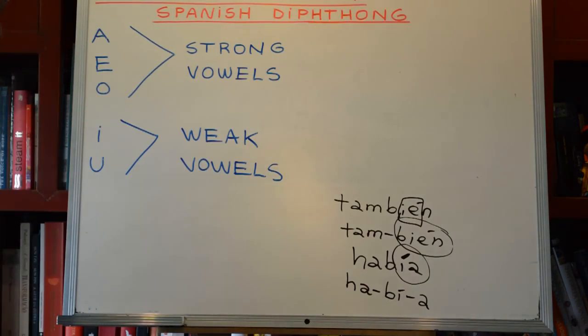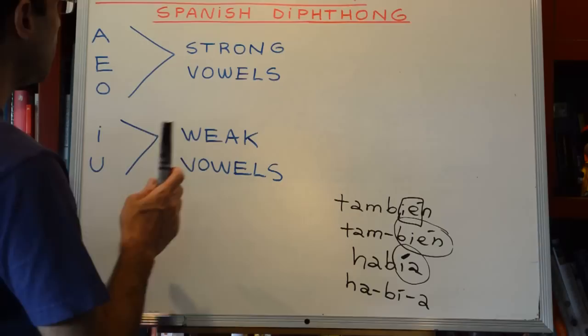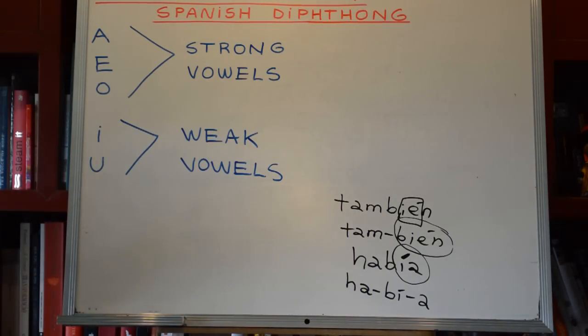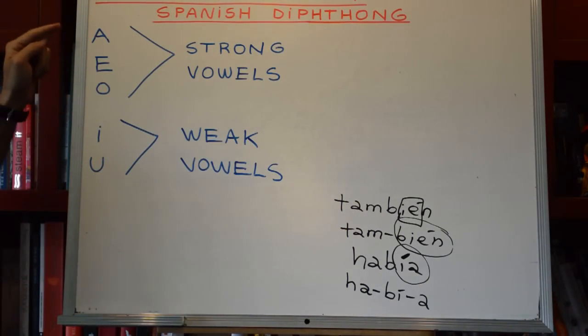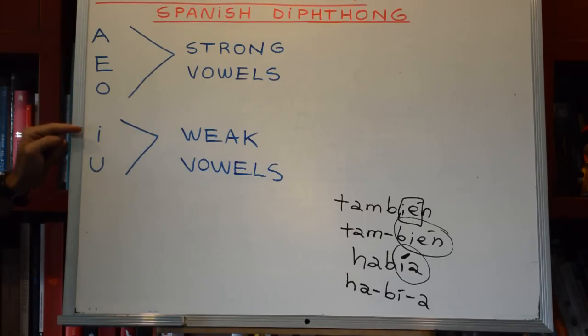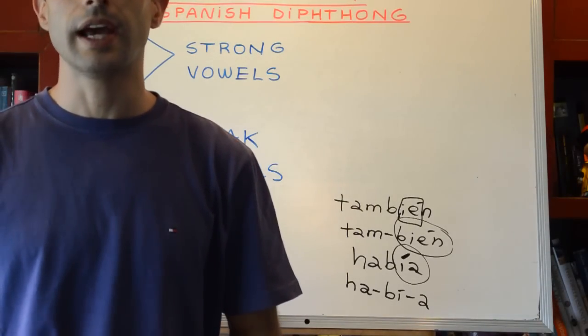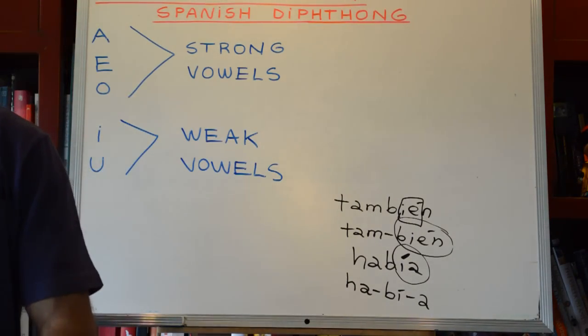Bien, tenemos 5 vocales. We have 5 vowels, right? 5 vocales. A, E, I, O, U. Las vocales se dividen en fuertes y débiles.